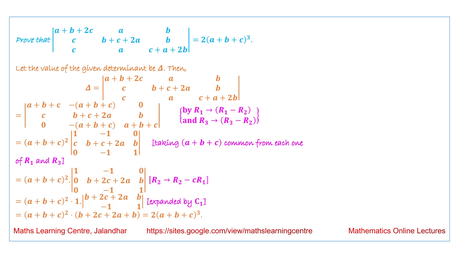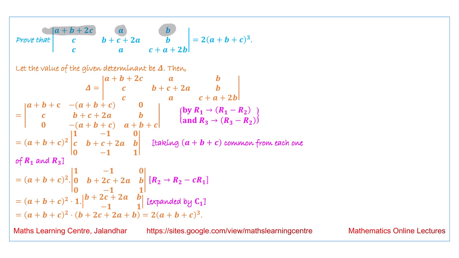Next is this determinant, we have to prove that it is equal to 2 times a plus b plus c whole cube. So if we add these column wise, we get a plus b plus 2c, and these elements are a and b.